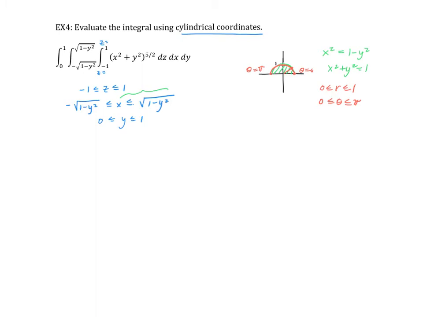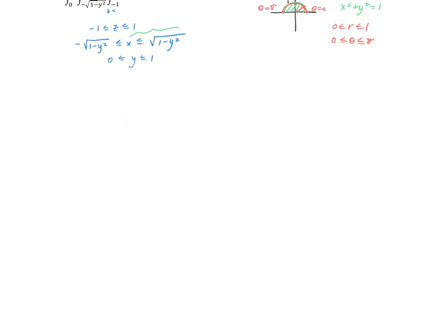I have my limits of integration. Now I can change this integral into cylindrical coordinates. The outer integral is going to be my theta values from 0 to pi, then r from 0 to 1, and my z values were -1 to 1. What about my integrand?